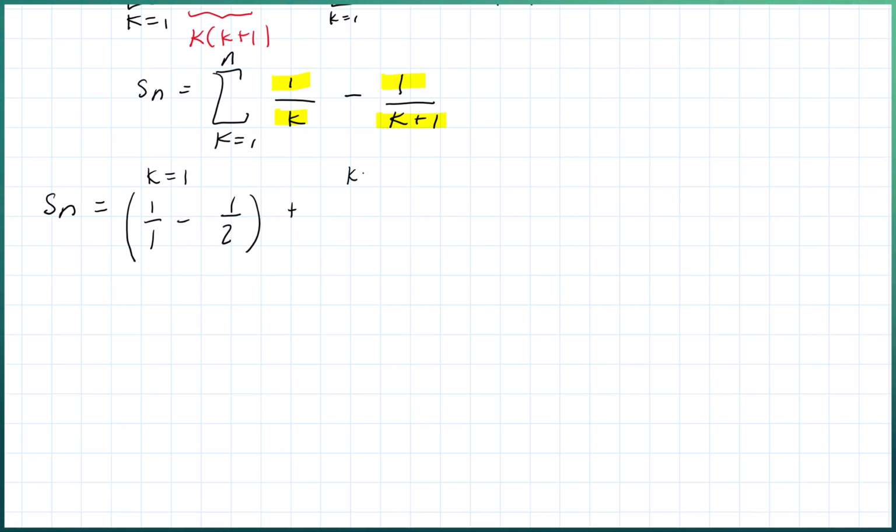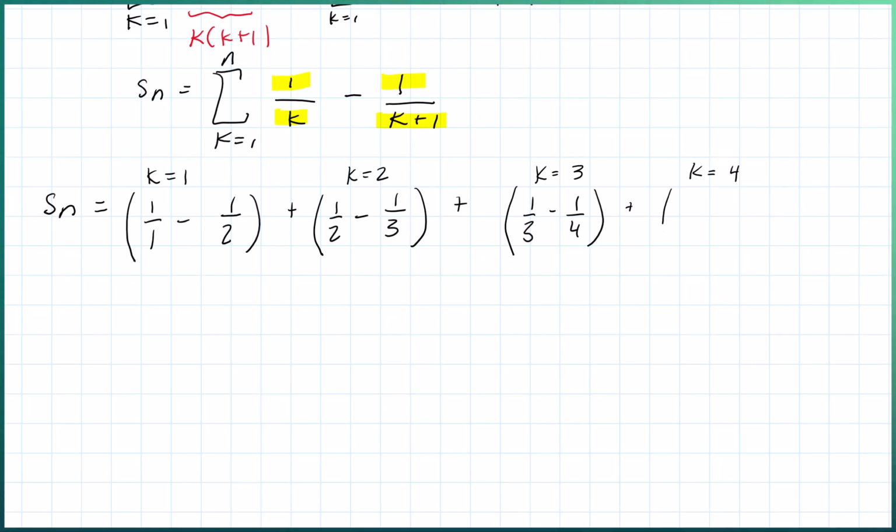Then the next term, when k equals 2, is 1 over 2 minus 1 over 3. Then the next term, at k equals 3, is 1/3 minus 1/4. I'm going to go a little further. I think we can see some canceling of terms here, but let's go to k equals 4. We get 1/4 minus 1/5.